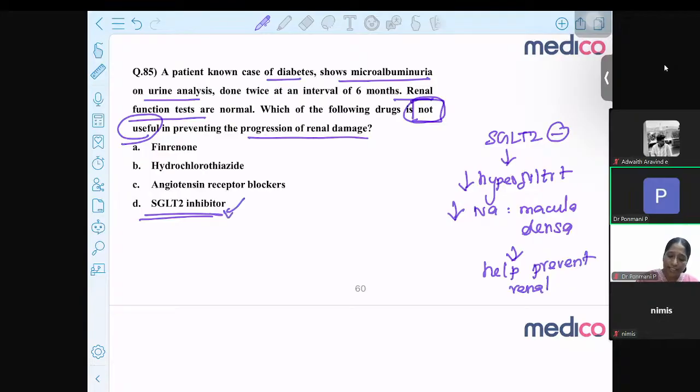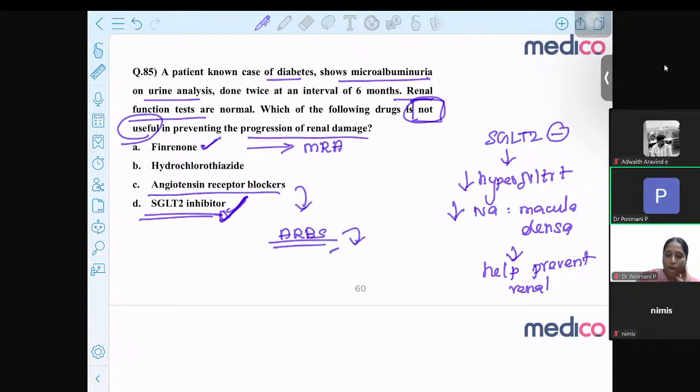So SGLT2 inhibitors are of course given. And what about finerenone? Finerenone is a mineralocorticoid antagonist we already saw. This can also be used in the prevention of renal failure because it inhibits fibrosis and inflammation. And what about angiotensin receptor blockers? The ARBs, what are they going to do?